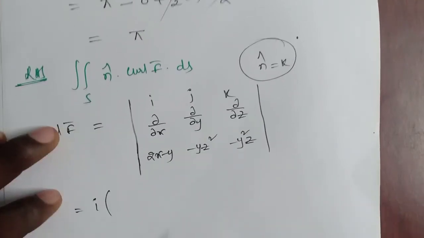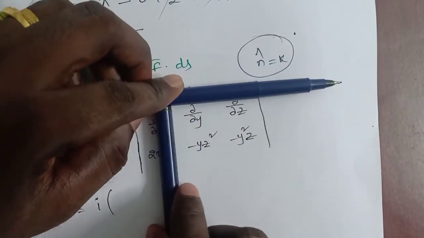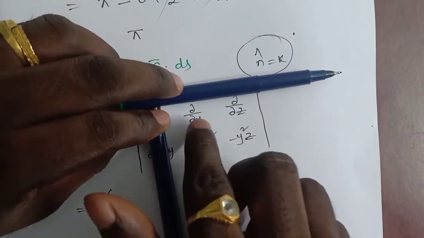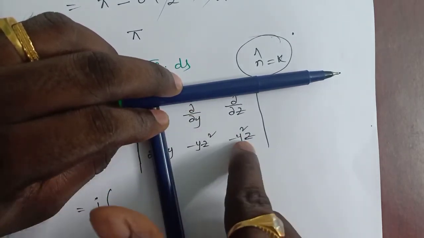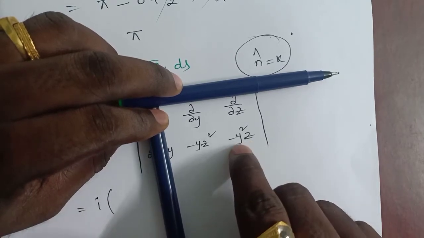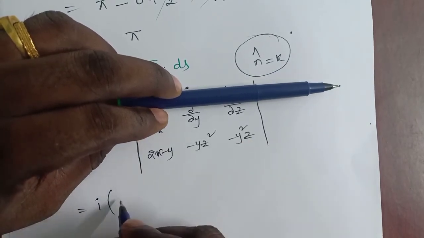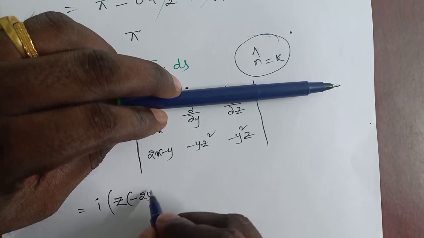For the first one, i bar times of, now eliminate the row and column. If you want to differentiate with respect to y, so dou by dou y of minus y square z, treat z as a constant, and for y square it is 2y. So that clearly, see this, z is constant. For minus y square it is minus 2y.